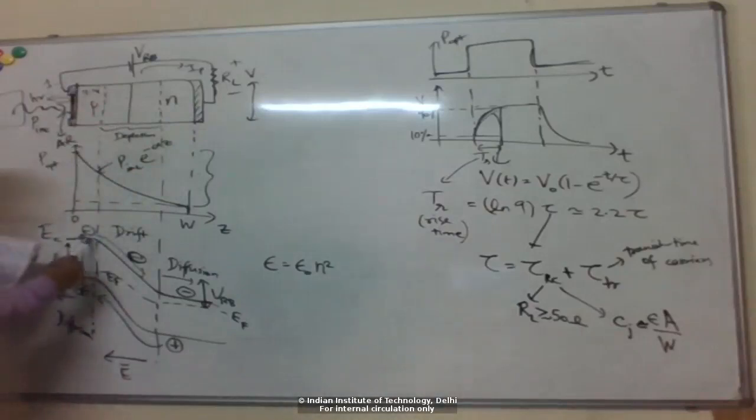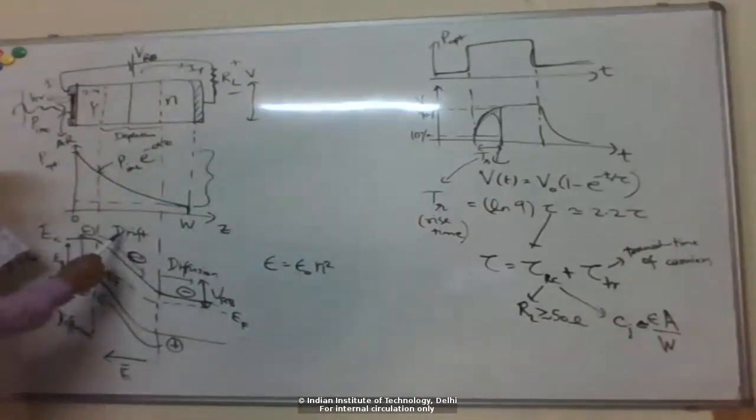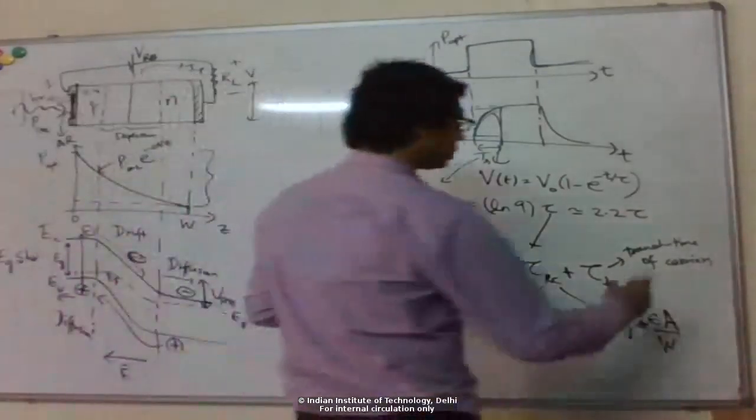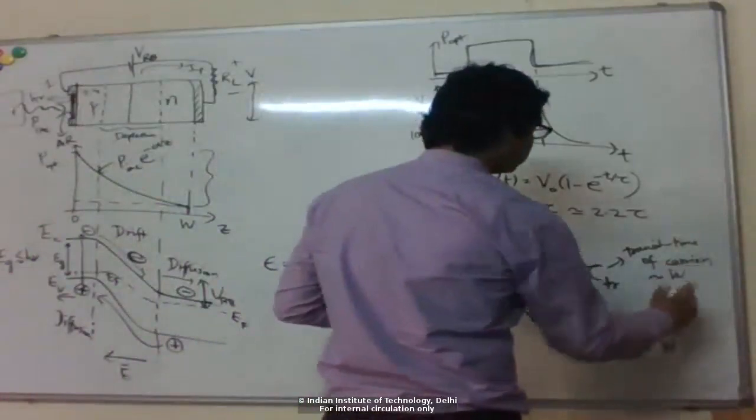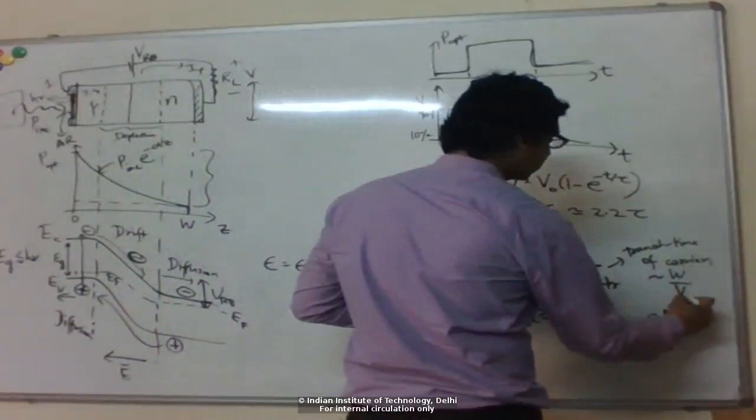So you can roughly think of it as the width of the device divided by the average velocity of the carriers, right? So this is something like W divided by some velocity of the carriers.